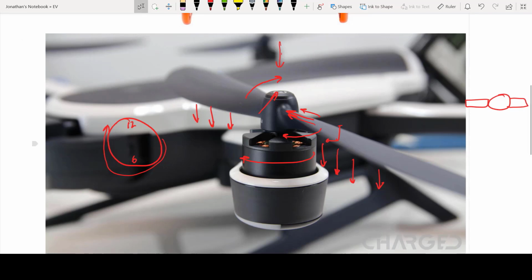So air being pushed downwards makes this particular propeller start moving upwards, and this phenomenon is called lift. And lift basically causes this propeller to start moving upwards, and the body of the drone, if you have just one propeller on, will start moving upwards.